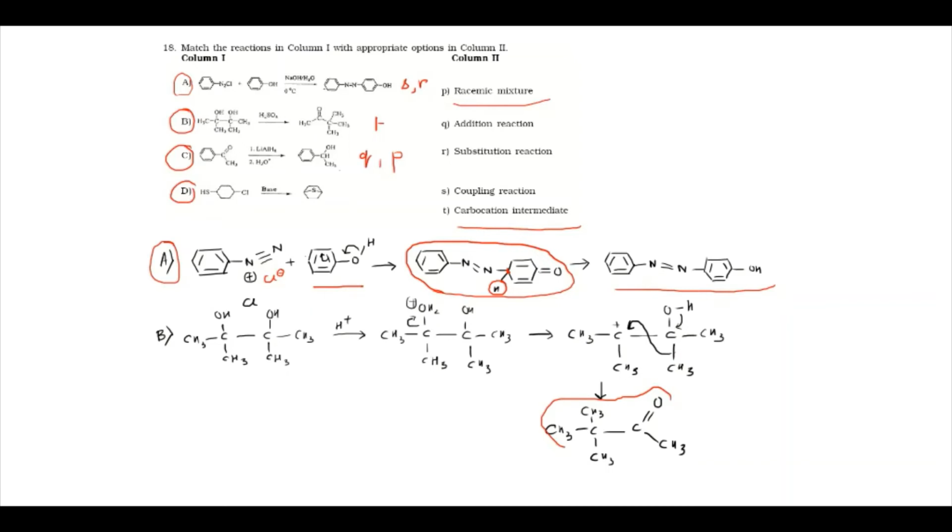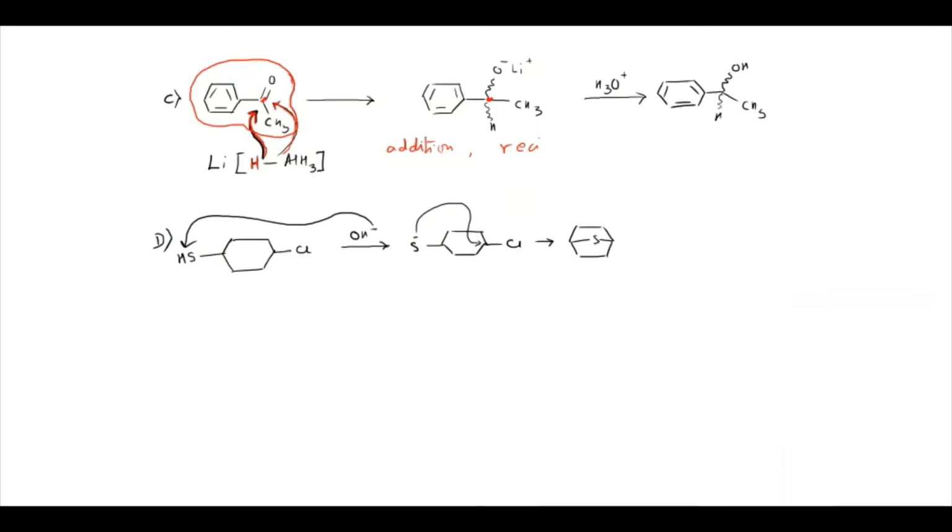is a kind of substitution only reaction. So if we check the mechanism, what is happening here, in presence of the base, the thiol is getting deprotonated and then intramolecular substitution. That means this S minus is attacking the leaving group bearing carbon center here, and Cl minus is going away as a good leaving group, forming this compound.